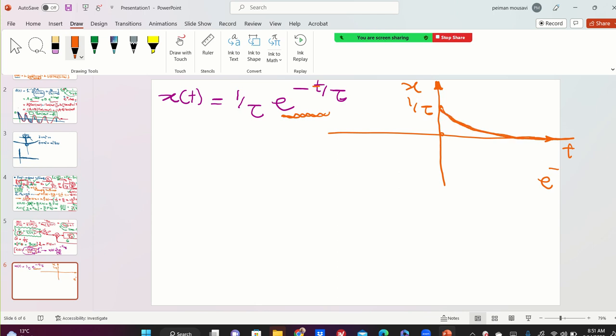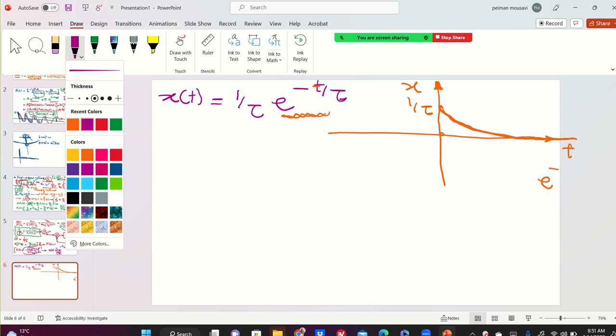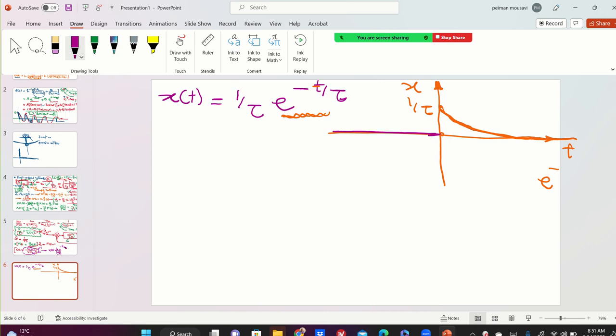This is the first order response. But the good news is that the input to the system was impulse here. You see the output follows, finally, you tell me, output follows what? Input.